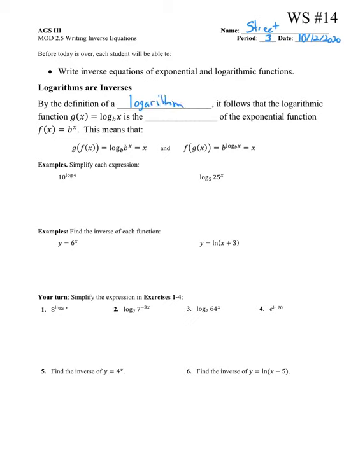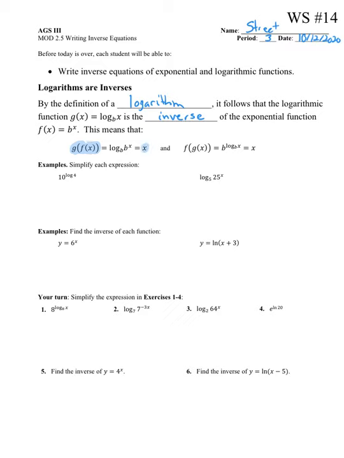First thing, the definition of a logarithm. It follows that the logarithmic function g of x equals log base b of x is the inverse of the exponential function f of x equals b to the x. And what that means is, if we compose these two functions, when you have inverses, g of f of x, you should get x.